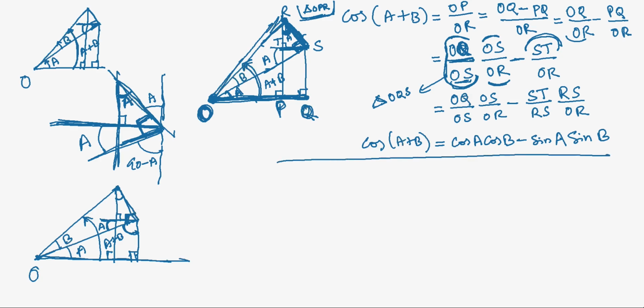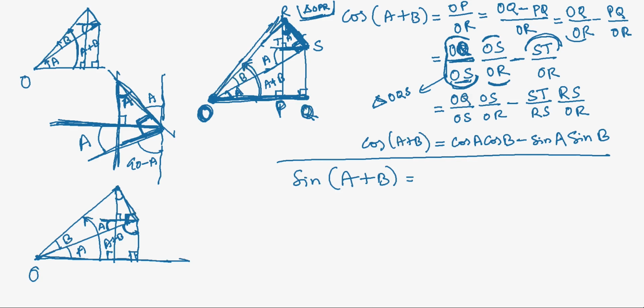Use the same geometry. Look at the sine of A plus B. Tell me what will be the sine of A plus B from the geometry. One second, I'll just write.